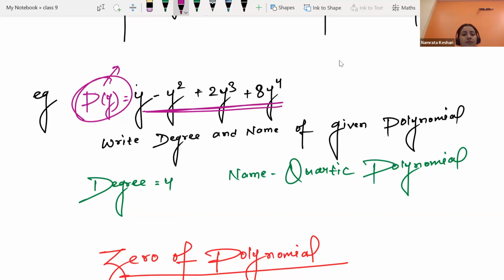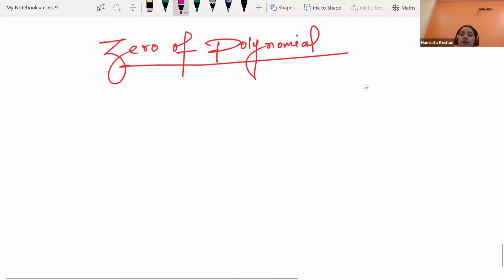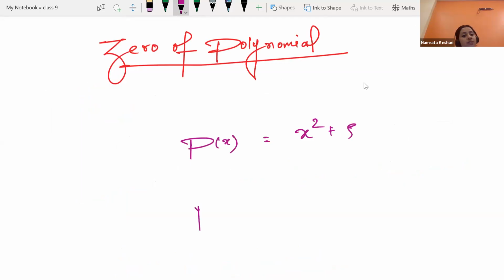Getting it? So for x, it will be p of x. For x, p of x is equals to x square plus 5. For z it will be q of z, also we can write, it will be z cube minus 9z plus 2.